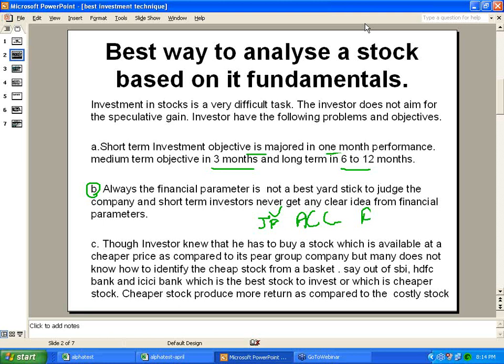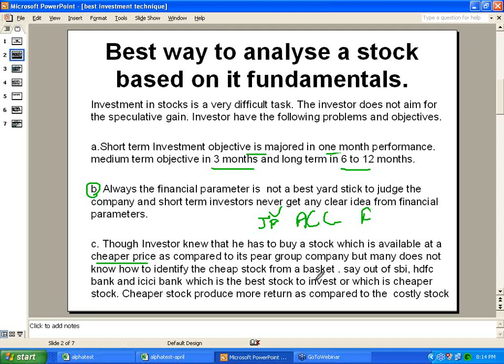So why does this challenge come in front of our eyes? Always we hunt for a stock which is available at a cheaper price as compared to other peer companies. We need a stock which is available at a cheaper price.